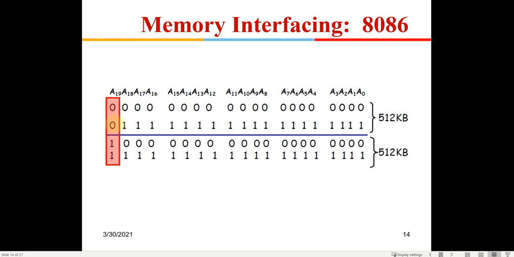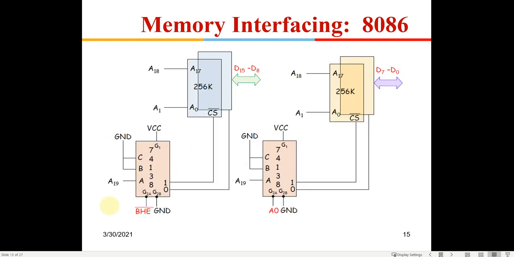So if A19 is 0, it is going to be the first set of memory chips which have to be selected. If you see, A19 is equal to 0, this will be selected and this line will be selected. Now depending on A0, if A0 is equal to 0, then the lower bank will be selected, so this chip is going to be selected.